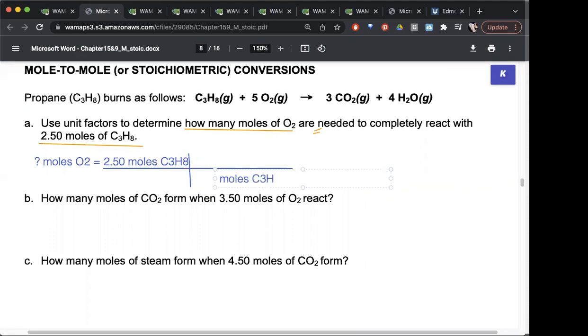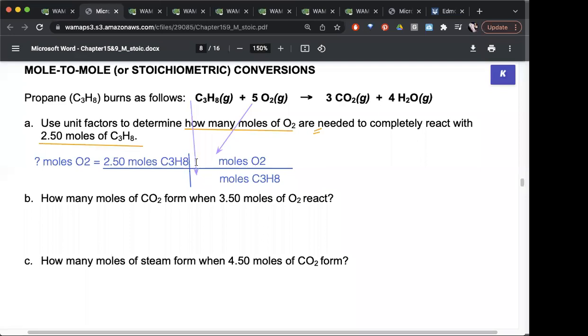Okay, C3H8, just canceling that out. I want to go to moles of oxygen, so I'm going to introduce moles of O2 on top, and then I'm going to find those coefficients and use them. So here's the oxygen, and here's the propane.